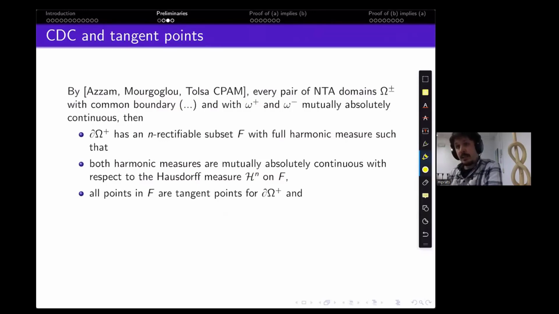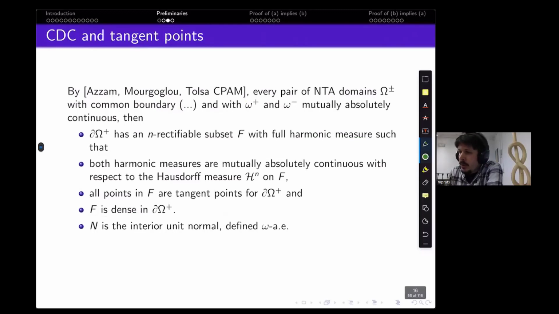Okay. So this means that you can approach them with cones of every given amplitude, and there will be nothing inside. And this set F is dense in the boundary. Of course, this is a consequence of having full harmonic measure, so it needs to be dense because the harmonic measure is supported on the whole boundary.